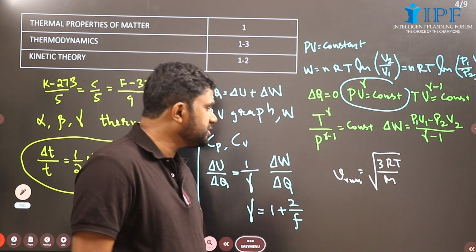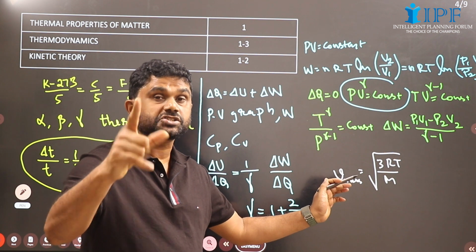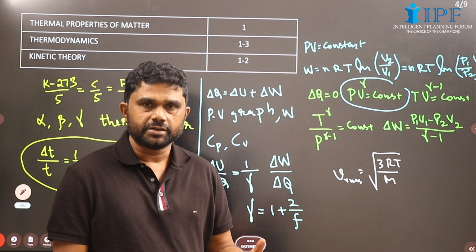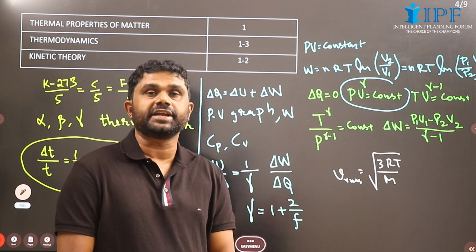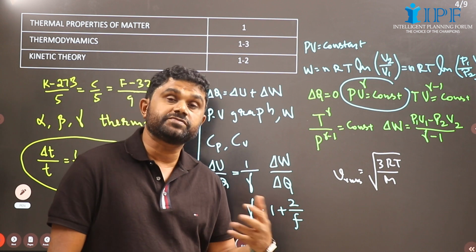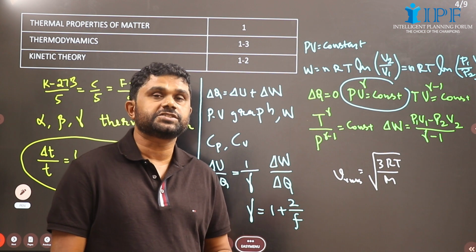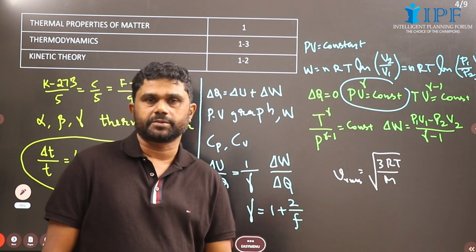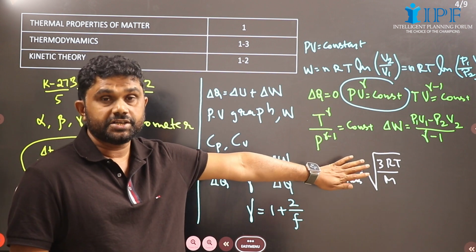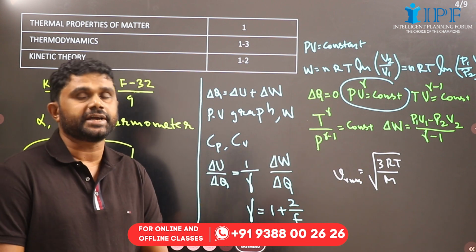The most important thing is that the RMS velocity of gas molecules is directly proportional to the square root of absolute temperature T. You can expect a question like: when the temperature is doubled, or increased by 3 times, or if the RMS velocity is doubled, what would be the final temperature? If the RMS velocity is made 3 times, what would be the final temperature? That is the question based on this formula, and it is the most expected question from kinetic theory.